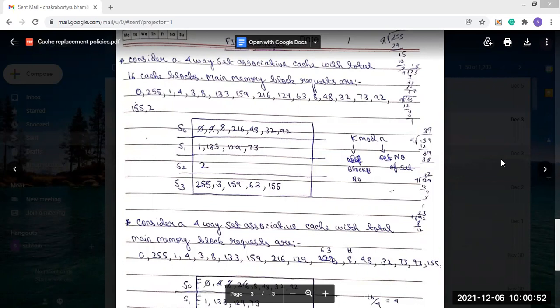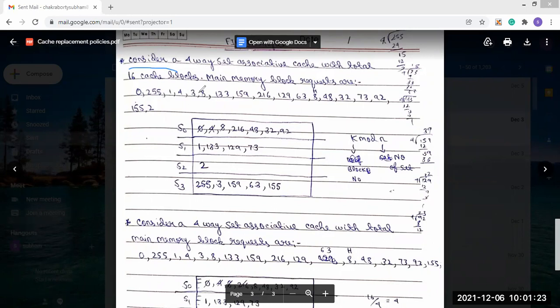Now the problem will be given like this: consider a four-way set associative cache with a total of 16 cache blocks. In k-way set associative mapping, the k value is 4, which means we will divide the cache into 4 sets.